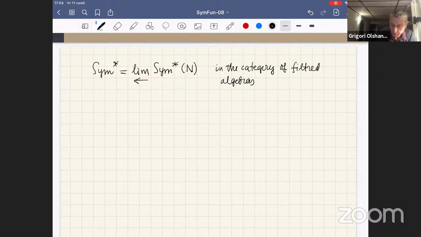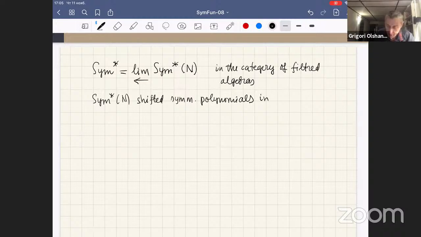And I recall the definition of the shifted symmetric polynomials. So this algebra of shifted symmetric polynomials in n letters, say x1 and so on, xn, is defined as the subalgebra.